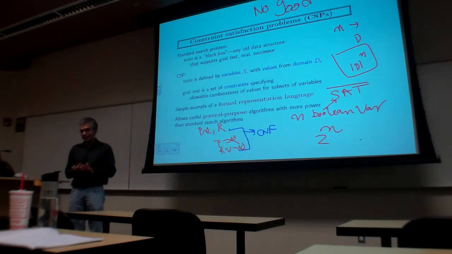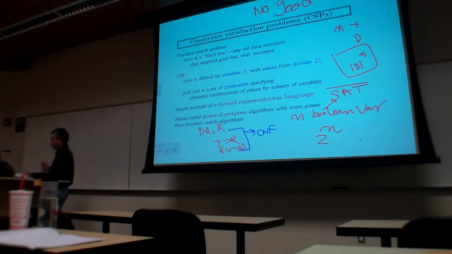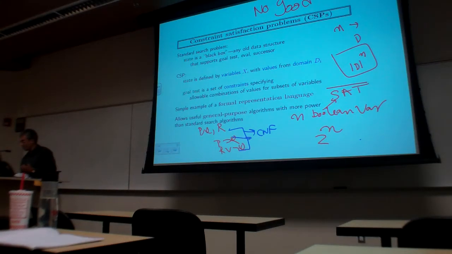For example, P implies Q will become the clause not P or Q, so you just write not P, comma Q. And the other will become just the clause R, comma not Q.